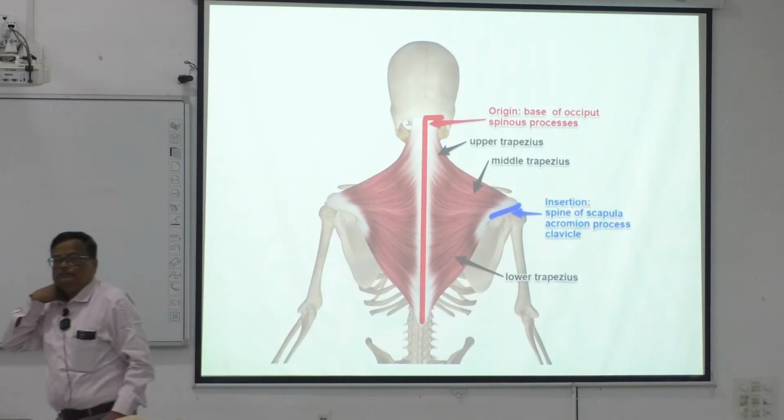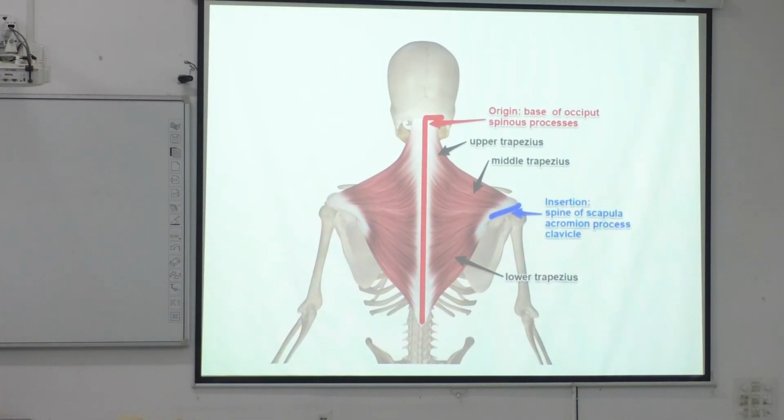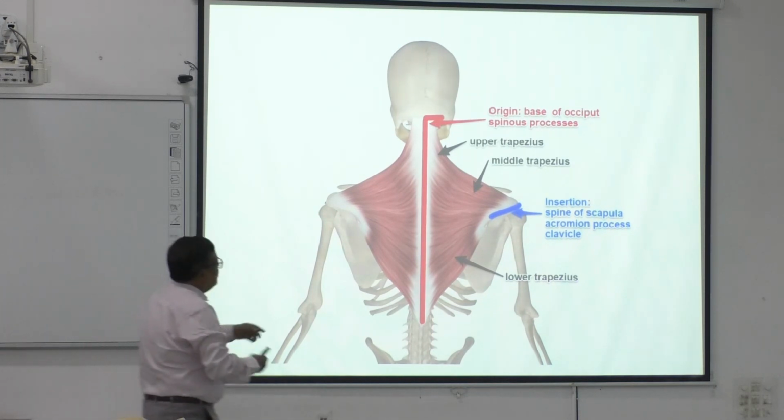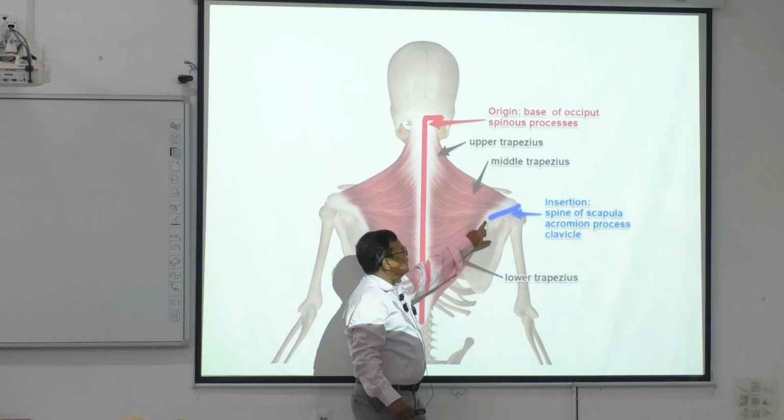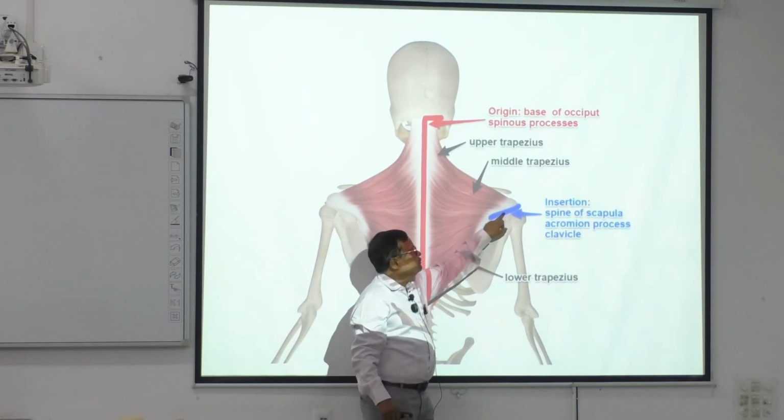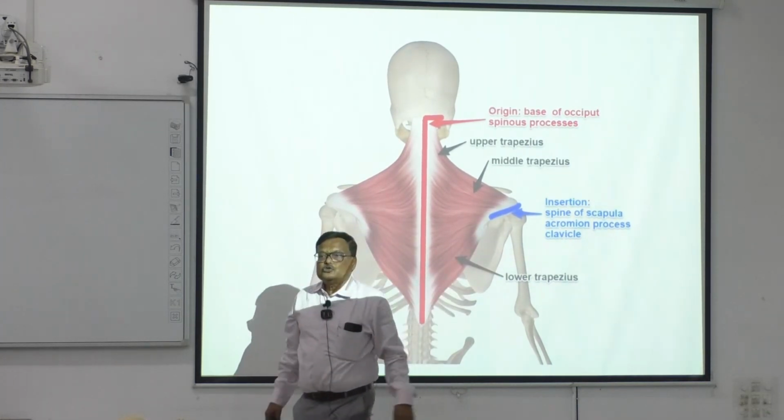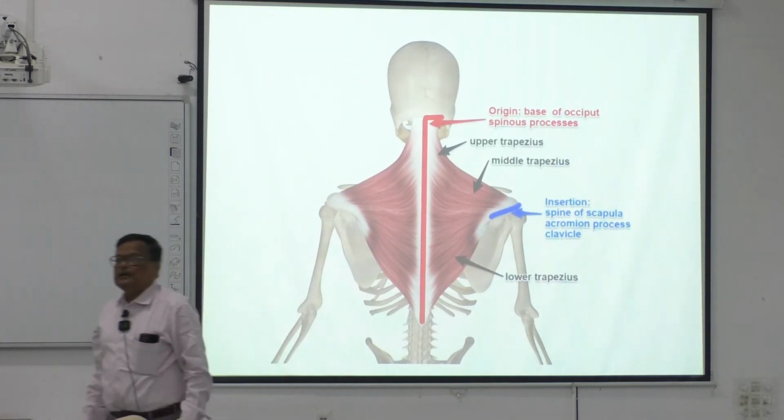Then attached to the medial border of the acromion process. Then to the upper border of the spine of the scapula. This is the insertion of the anterior and middle fibers, and lower fibers attached to the triangular area near the spine, at the end of the spine of the scapula. So these are the insertions of the trapezius.